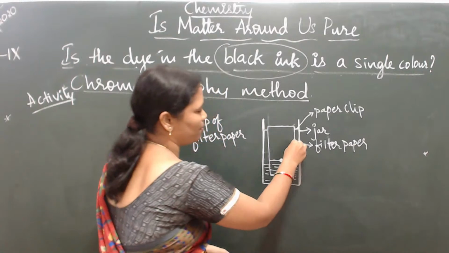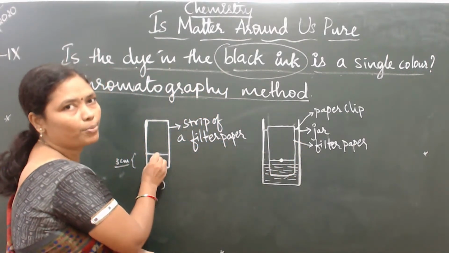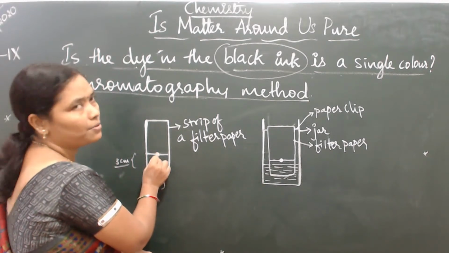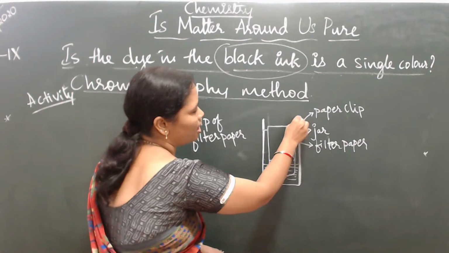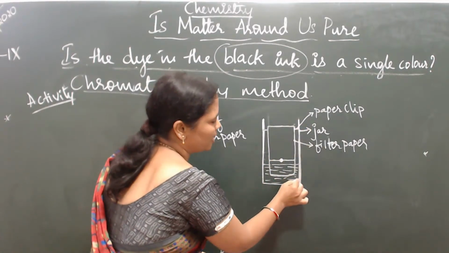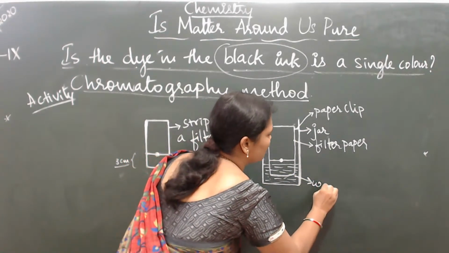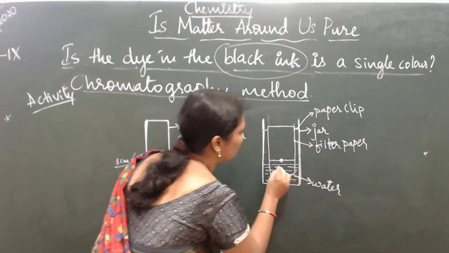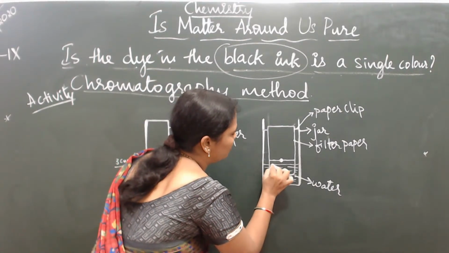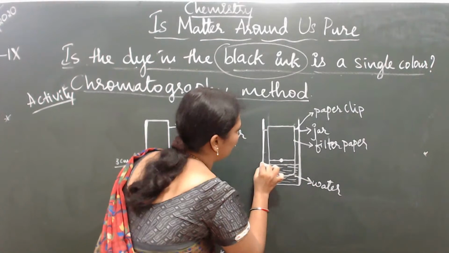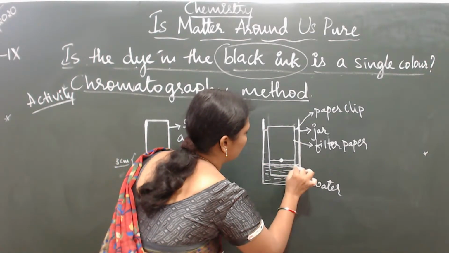After adding the drop of ink to the strip of paper, we have to immerse it in a jar, beaker or tall jar which contains 1/4 of water.